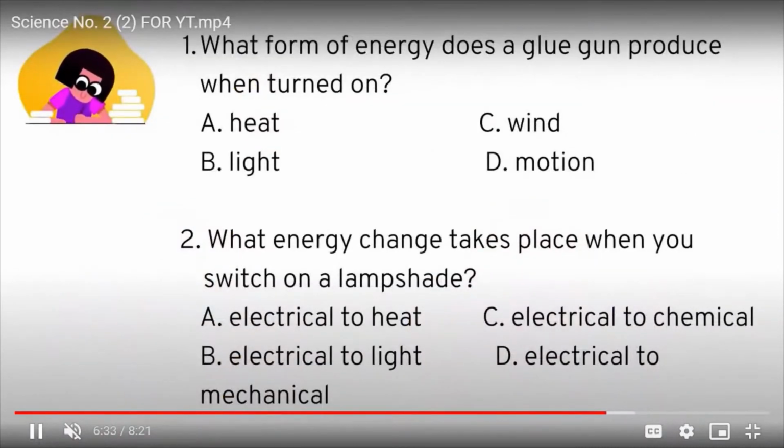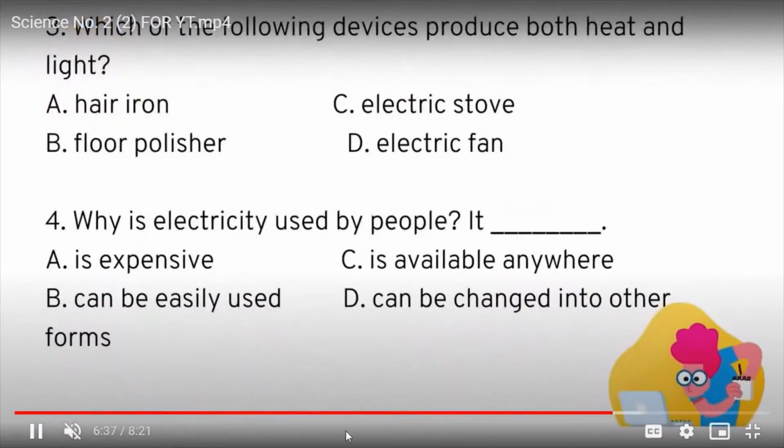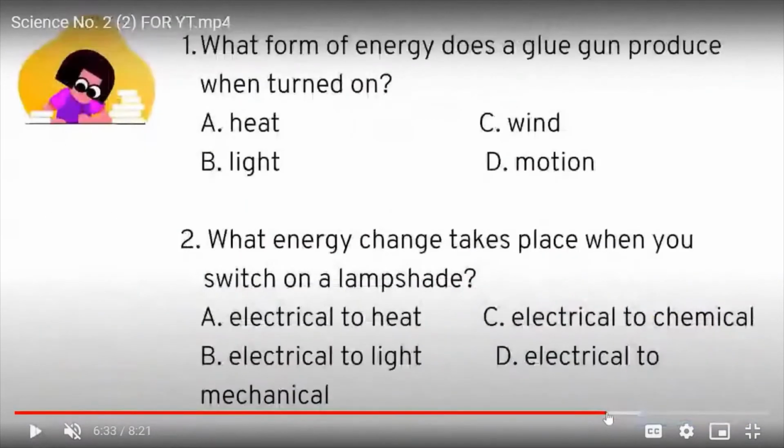What form of energy does a glue gun produce when turned on? All right, so let me repeat. What form of energy does a glue gun produce when turned on? A. Heat. B. Light. C. Wind. D. Motion.